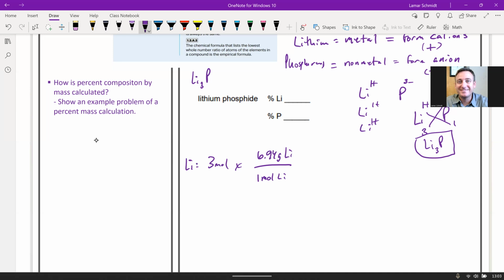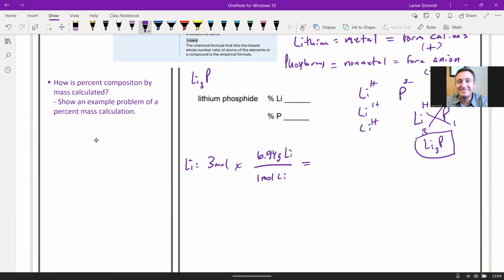I start with a given, and the given has a unit, and then I am going from 1 unit to another unit. We should never have 2 units in the denominator or 2 units in the numerator. We should have 1 unit each time we are relating moles to mass. Now, why does this work? This works because 6.94 grams is equal to 1 mole of lithium.